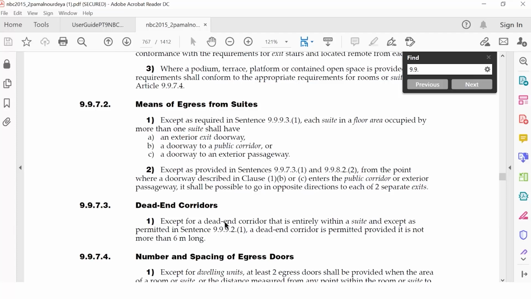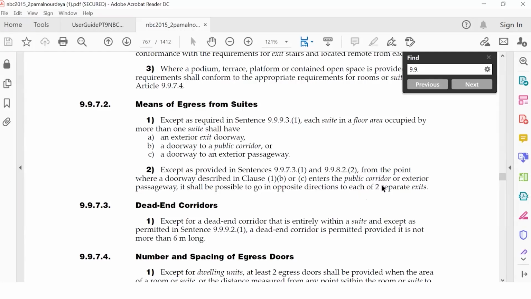Except as provided in sentence 99731, from the point where a doorway described in 1B or C, so where you go into a public corridor or exterior passageway, at the point where you enter that public corridor or exterior passageway, it shall be possible to go in opposite directions to two separate exits. So that's when you need protection for corridor and exterior passageway.